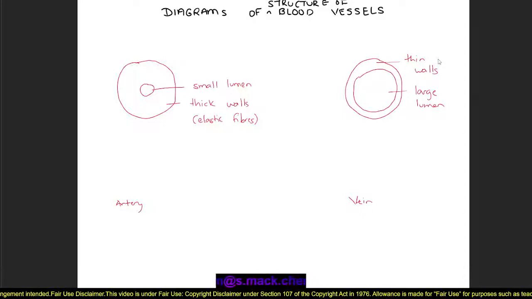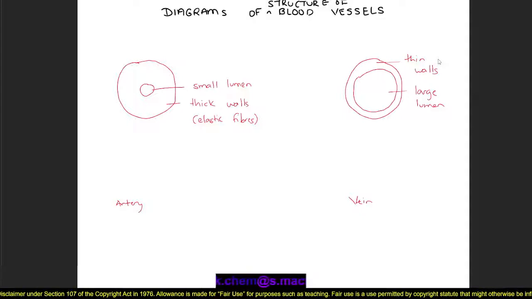These capillaries will take oxygenated blood to the cells of the body. The blood now becomes deoxygenated and must return to the heart and then to the lungs to get oxygen. So this deoxygenated blood, which flows from the capillaries to the veins back to the heart, will be flowing at a lower blood pressure.